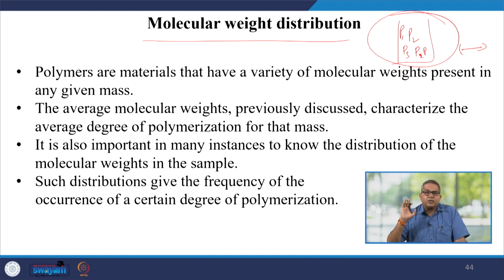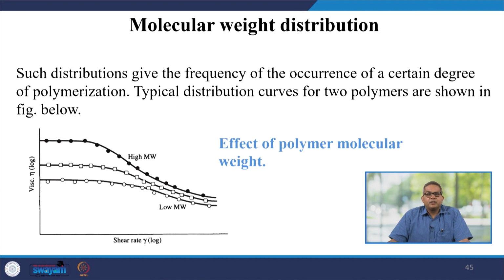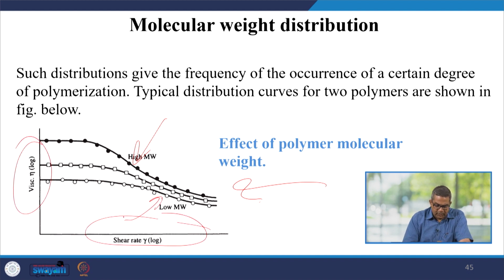It is also important in many instances to know the distribution of the molecular weights in the sample. Such a distribution gives the frequency of occurrence of a certain degree of polymerization. Here you see the typical distribution curve for two polymers. This is the high molecular weight and this is the low molecular weight, and this is the viscosity and the shear rate. You can see the effect of molecular weight for different molecules.